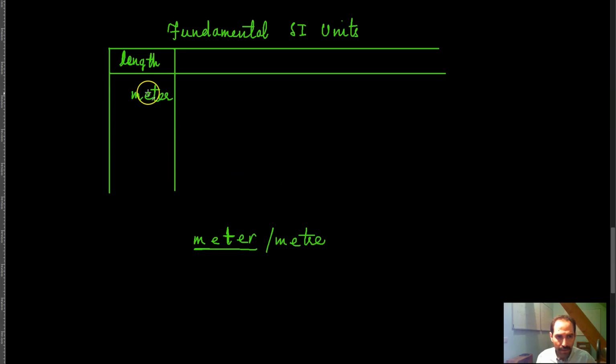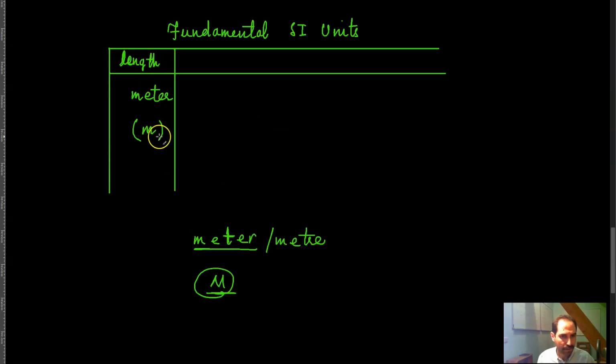Now this is the unit name, and the symbol for the unit is a lowercase m. That is important, meaning that you cannot mix it up with another kind of m, because that kind of m would have some other meaning in physics, and other people would get confused.